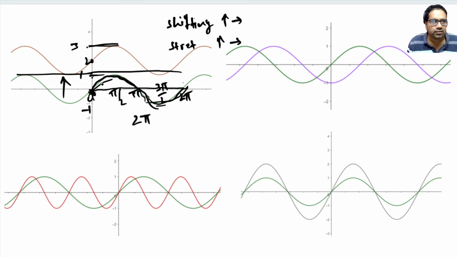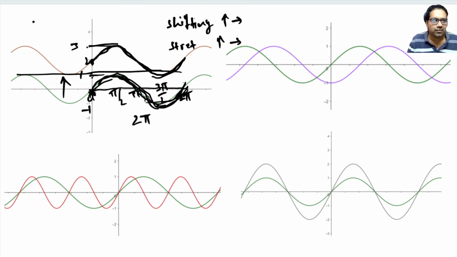So this graph was like this. Just observe this part. This part has become this part. So 0 was shifted 2 units.